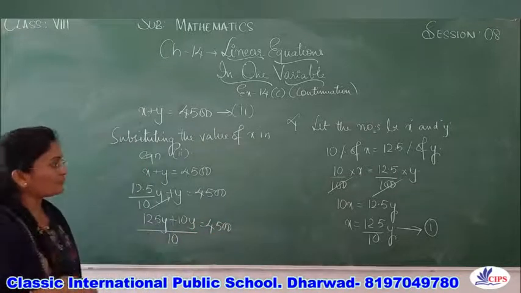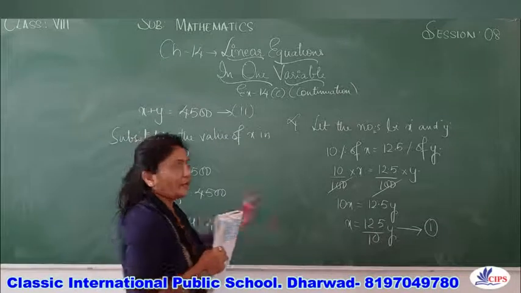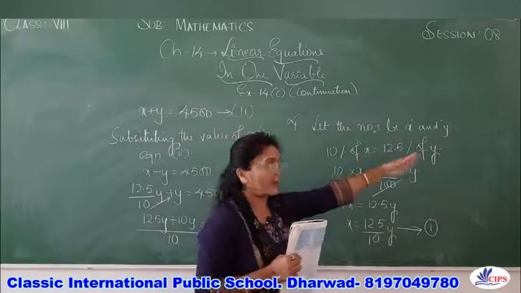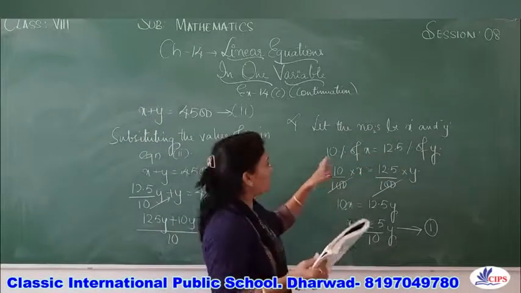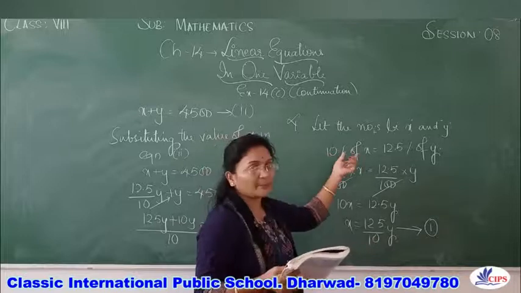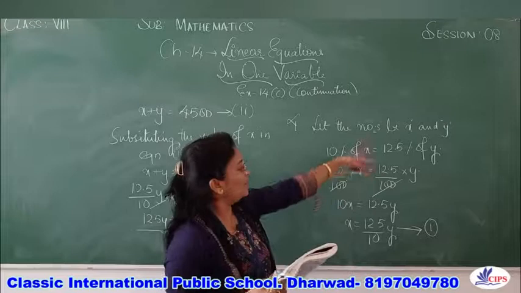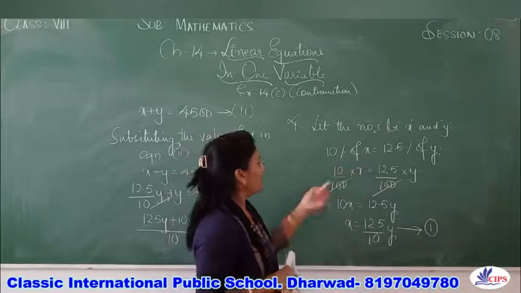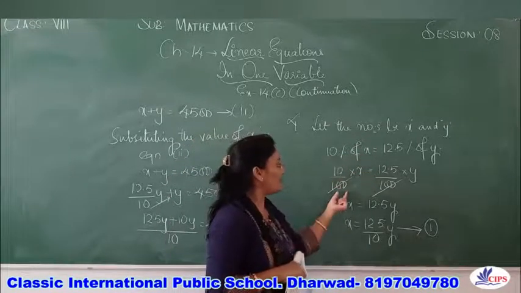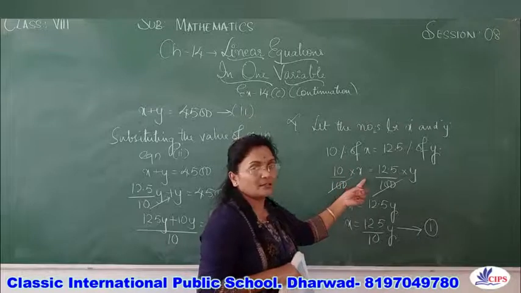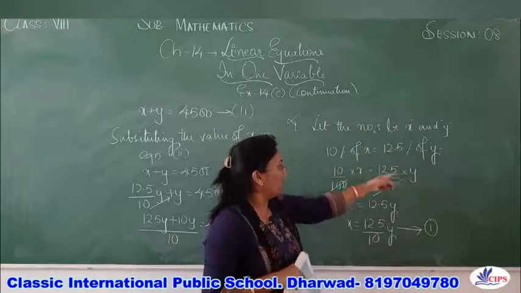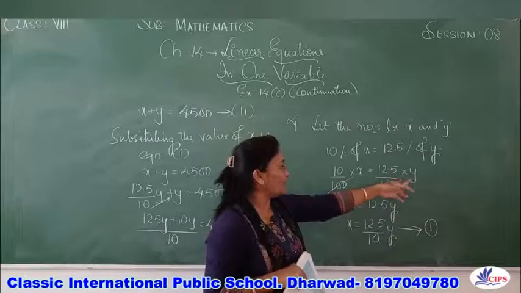Hope everybody has understood till here. So what have we taken? We have taken two different numbers, that is x and y. Then as they have told you, 10% of x is equal to 12.5% of the other, so we have taken y. This 10% I have converted into a fraction, of means multiplication, into x equals, and this also I have converted into a fraction, into y.